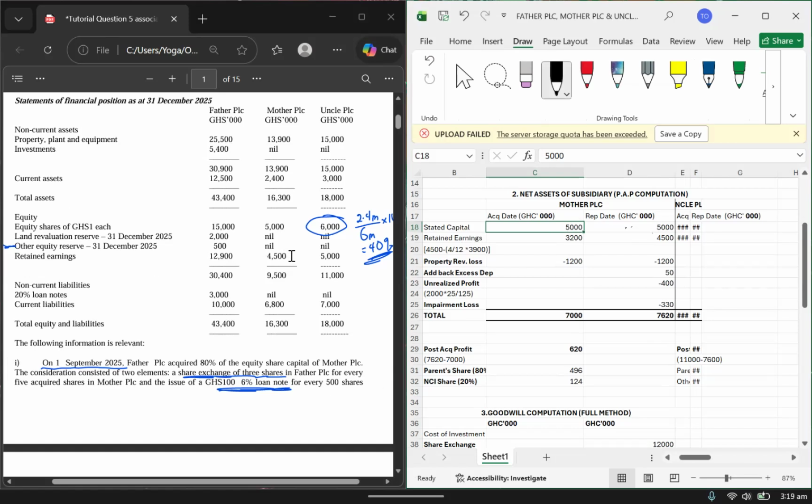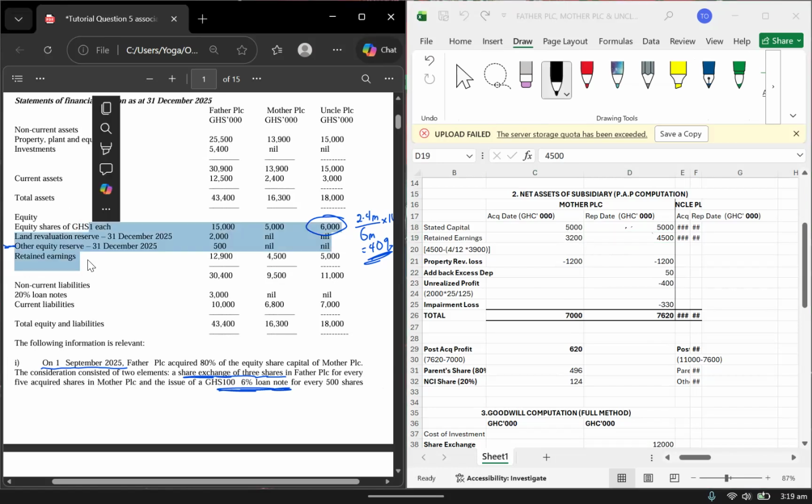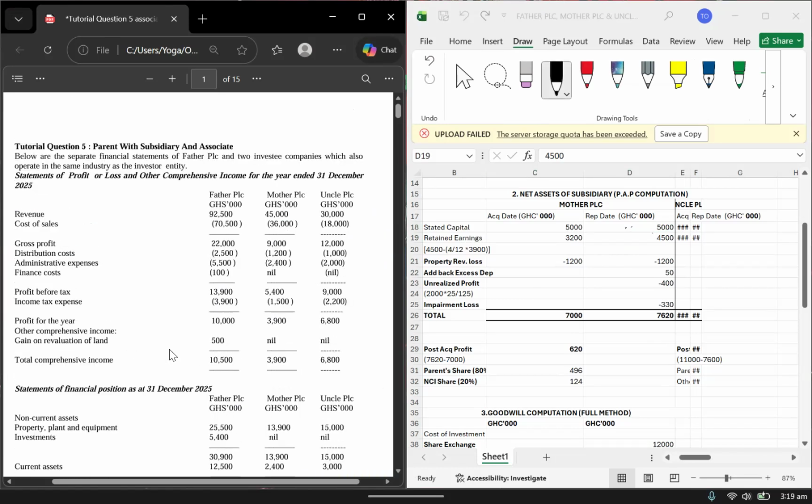In this case, we're given 4,500 as the retained earnings. This 4,500 is the retained earnings at reporting. So where did we get the 3,200? Let's check. Did the question give us the retained earnings as at the beginning?